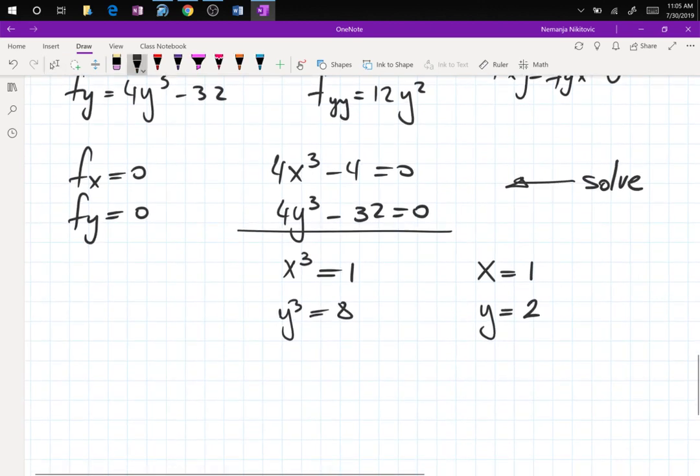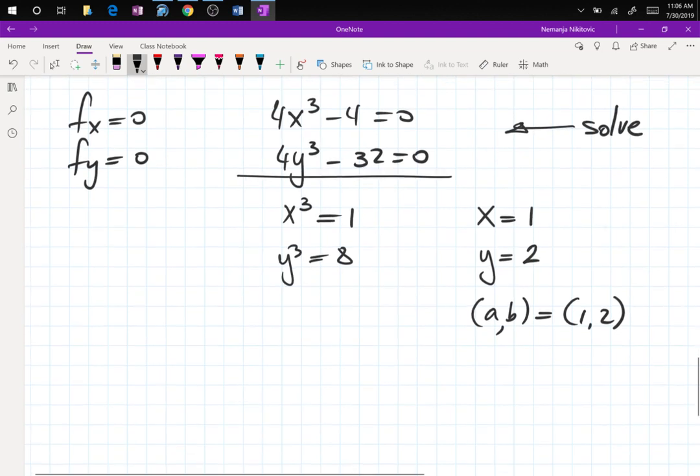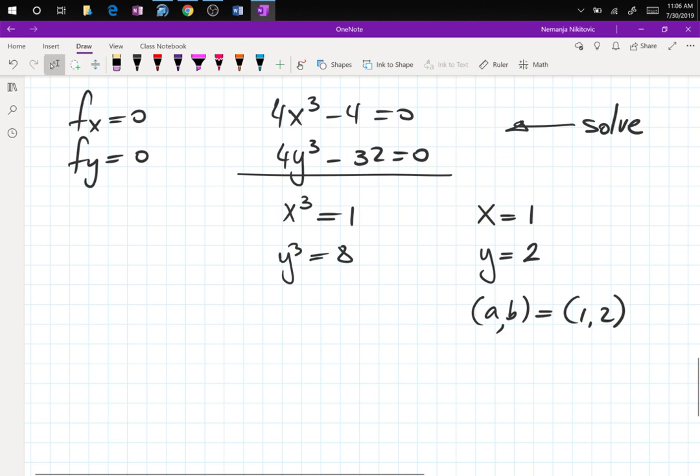So we just got that our point (a, b) is (1, 2). You cannot get a simpler problem than this. Zero effort. So now that we know our critical point, we need to investigate if it's min, max, or saddle.